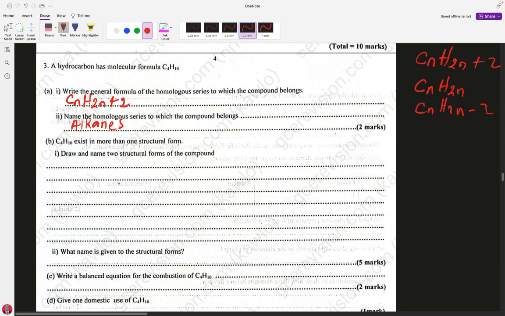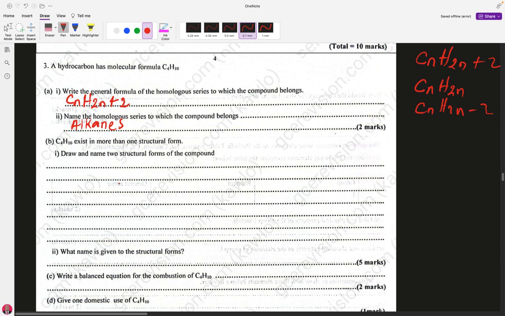Isotopes have the same atomic number but different mass numbers, as a result of different numbers of neutrons. Allotropes have the same element but different forms, like graphite, diamond, and the rest.